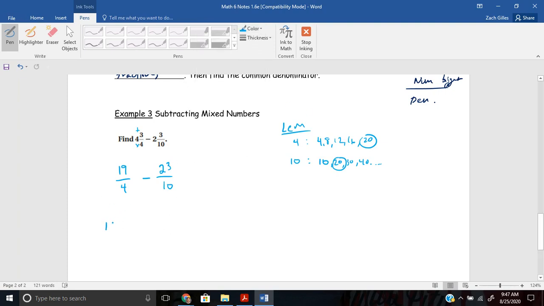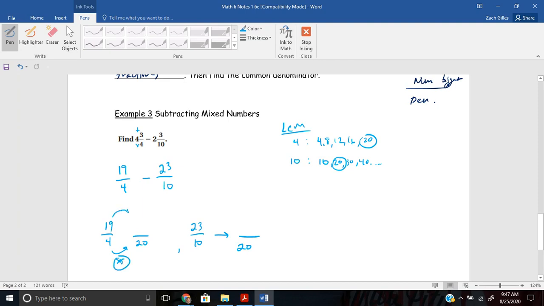So I need to make 19/4 into 20ths. And I also need to make 23/10 into 20ths, because that'll give me a common denominator of 20. All right, 4 times 5 is 20.